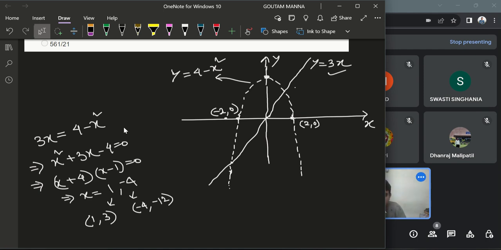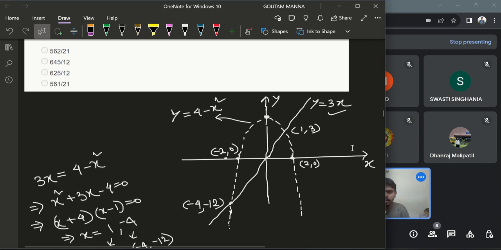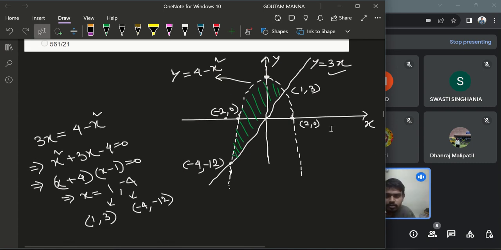So this is (1, 3), and this point is (minus 4, minus 2), and we need to integrate over this region. This is the area bounded by y equals 4 minus x square and y equals 3x.